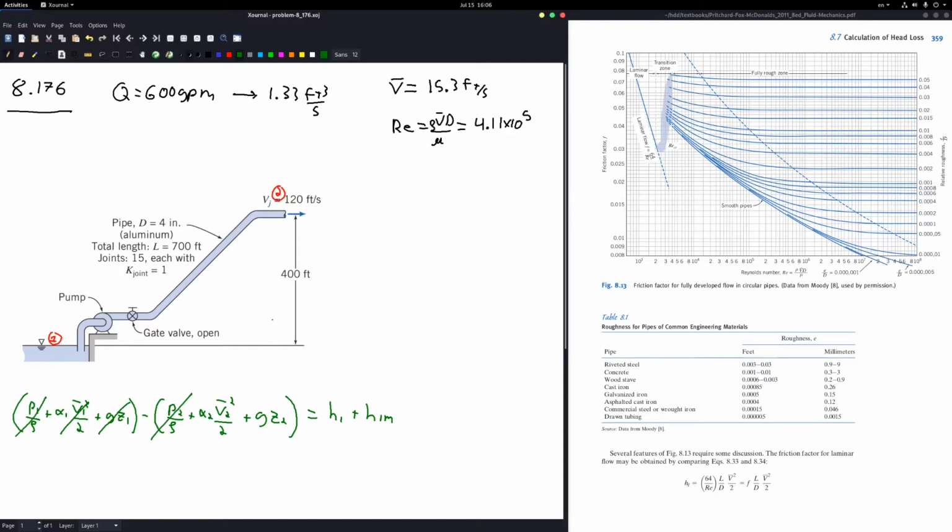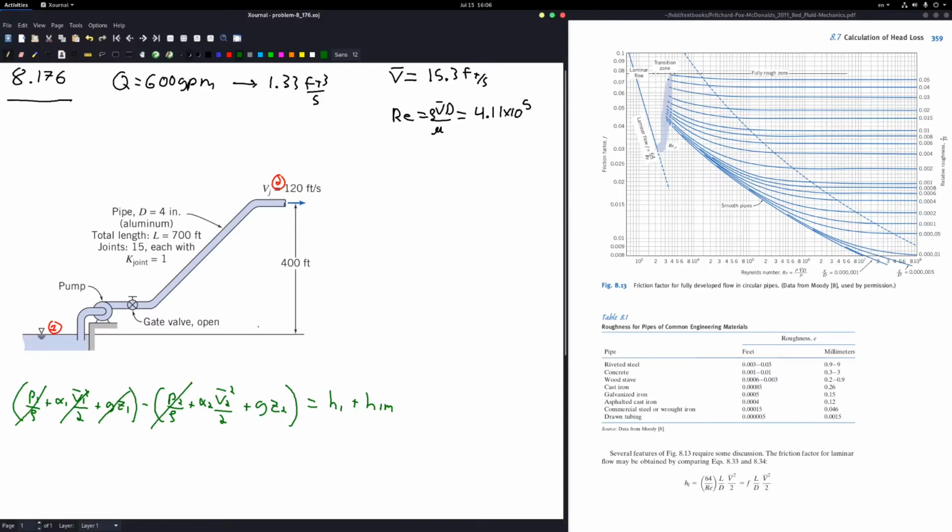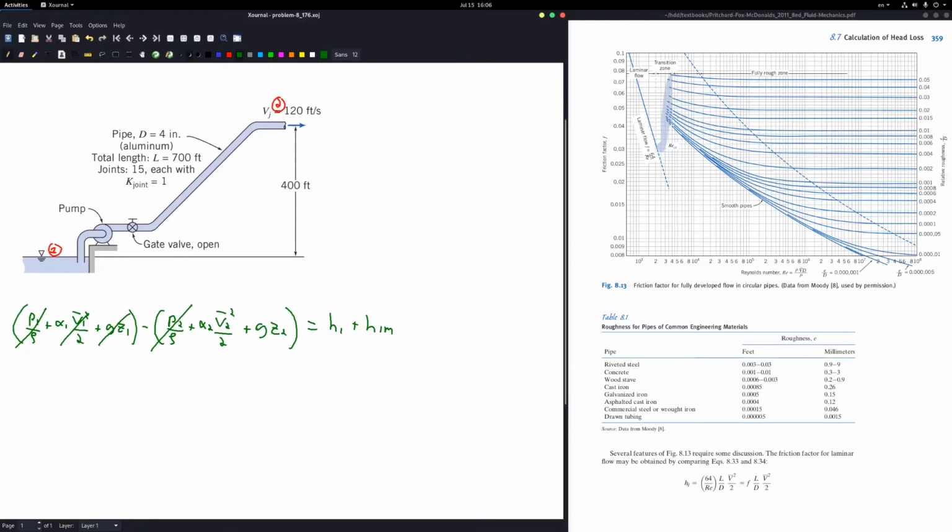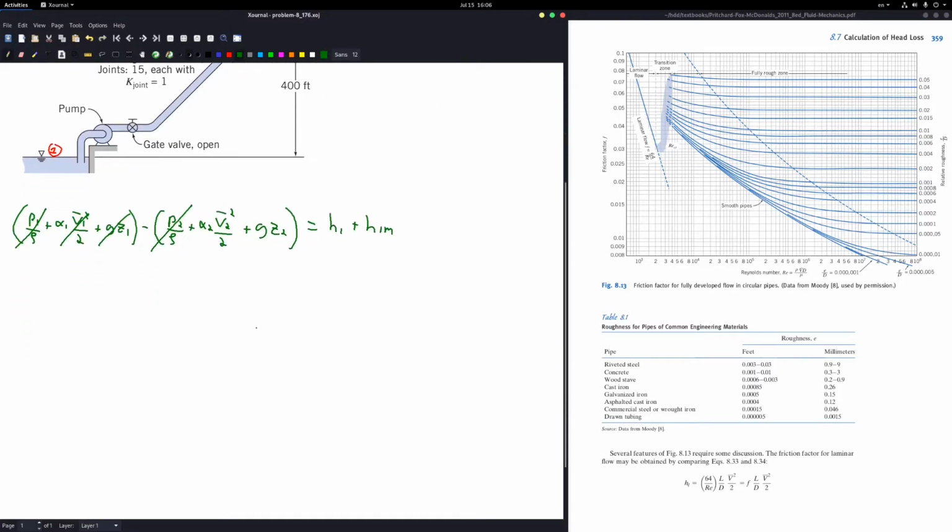So the variation in pressure will be 0. Also at point 1, we assume our body of water is large enough, so the velocity at point 1 will be 0, and also our initial height will be 0. What we obtain is that we have minus V2 squared over 2 minus gz2 is going to be equal to the minor losses and the major losses of the system.